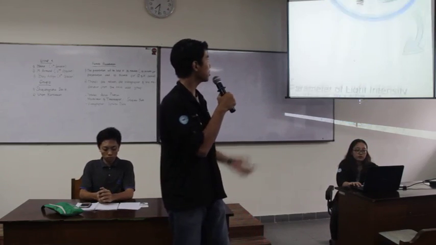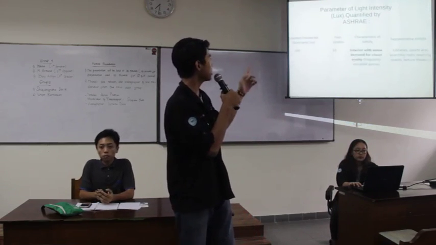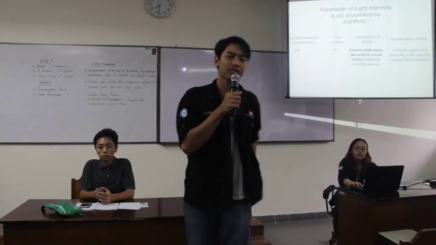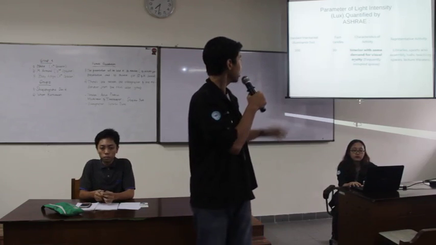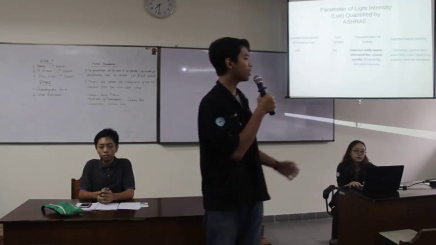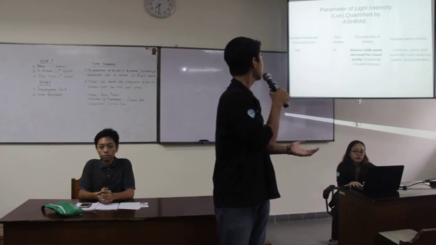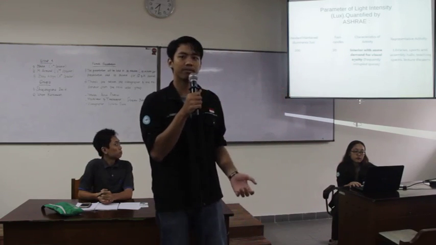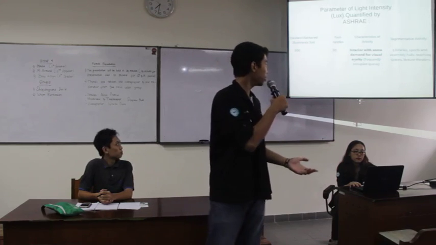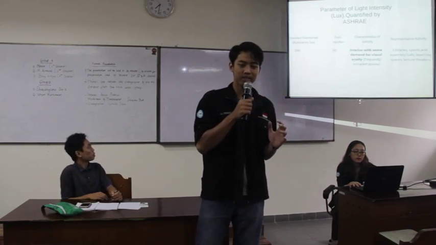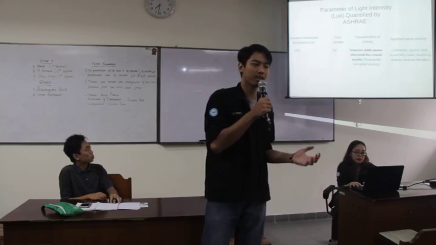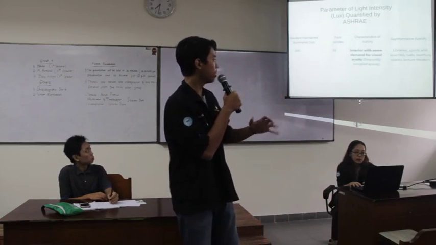The first is lux, or light intensity, which means how much light is carried in some space. I forgot the dimension, but it is about how much light comes from above the space.